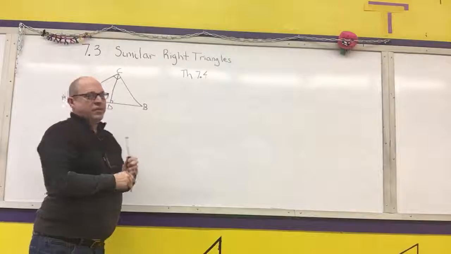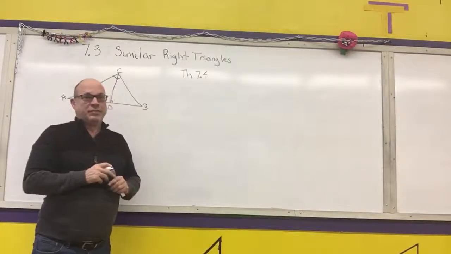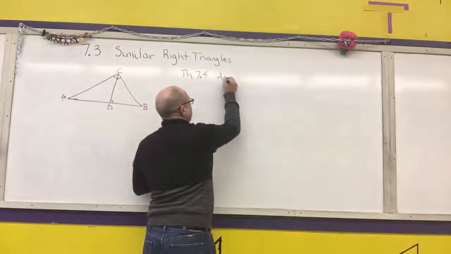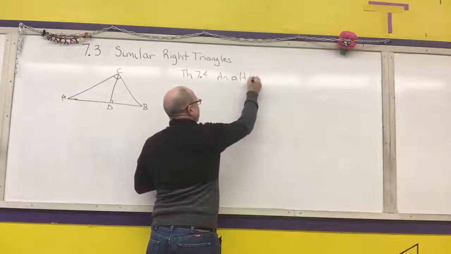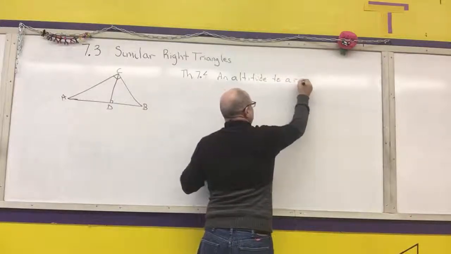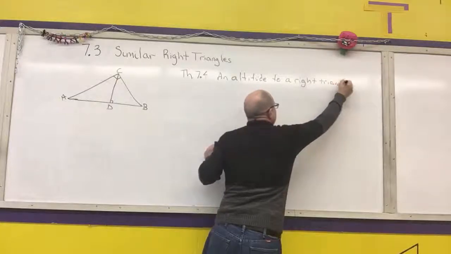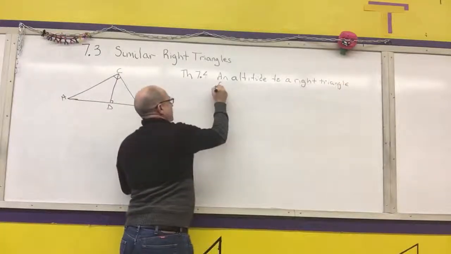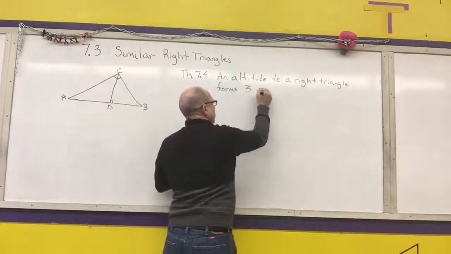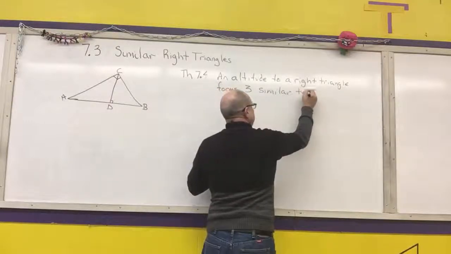The way I'd like you to remember theorem 7.4, feel free to put this in your notes: an altitude to a right triangle forms three similar triangles.